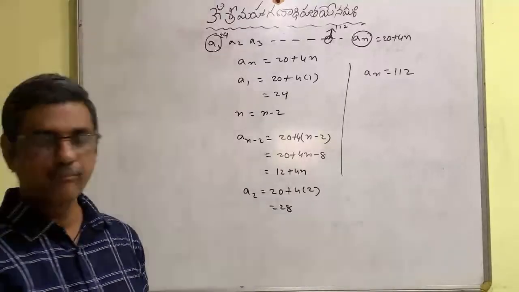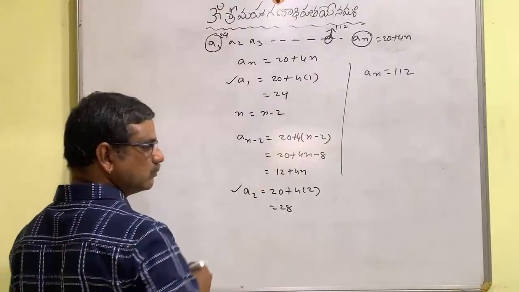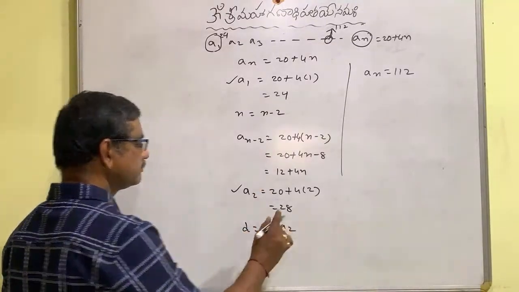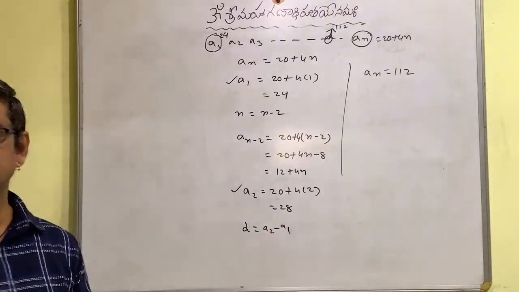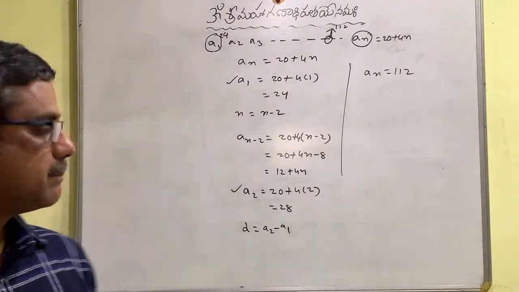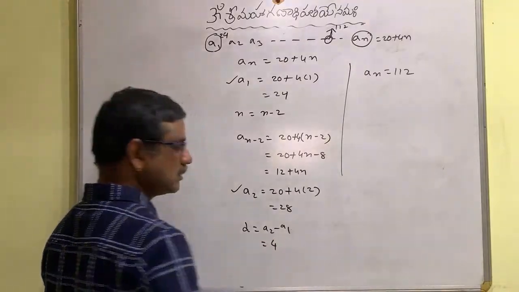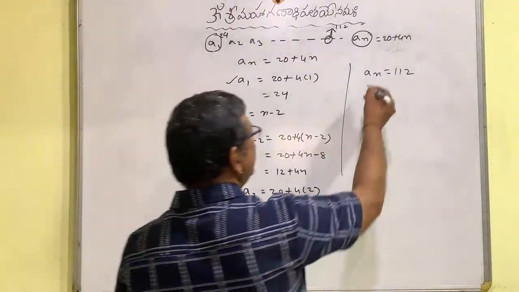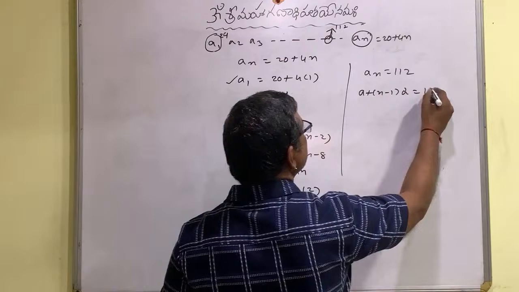Now we have a1 and we have a2. Then we can find d, which is a2 minus a1. How much? 4. d is 4. Now a_n is a plus (n minus 1) into d, which is 112.